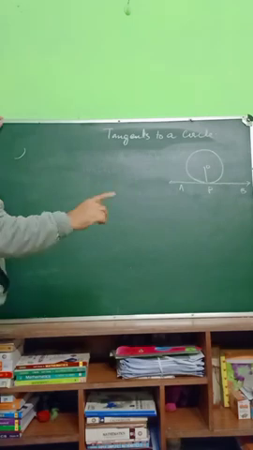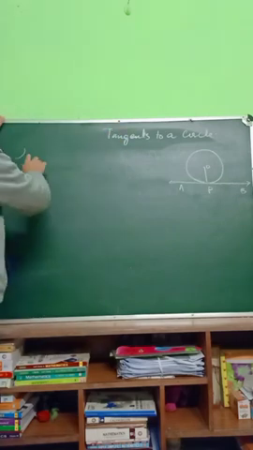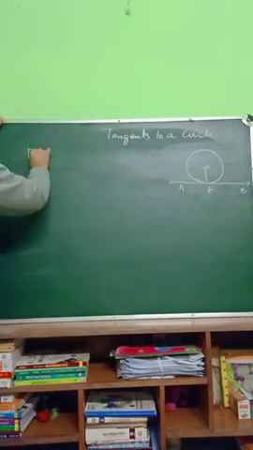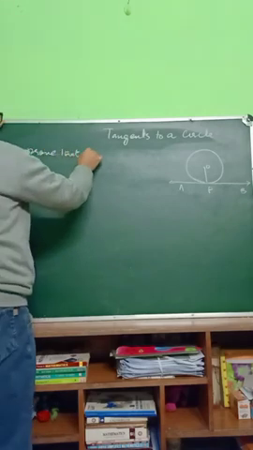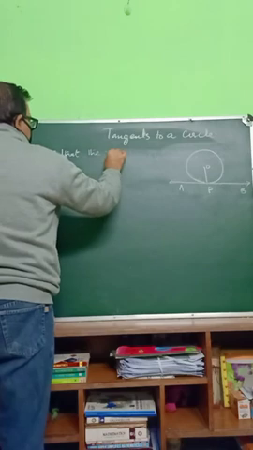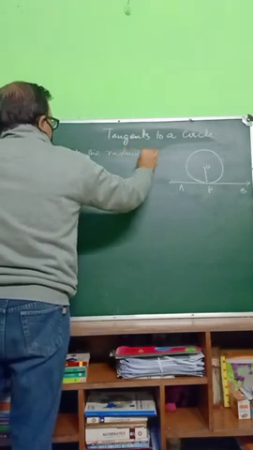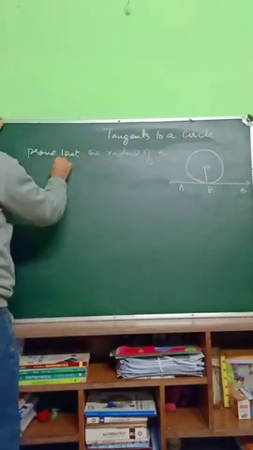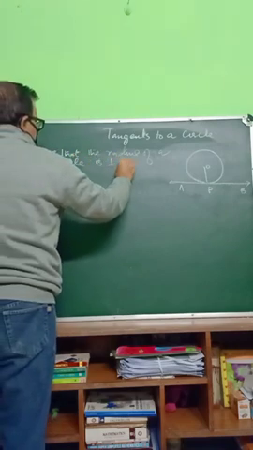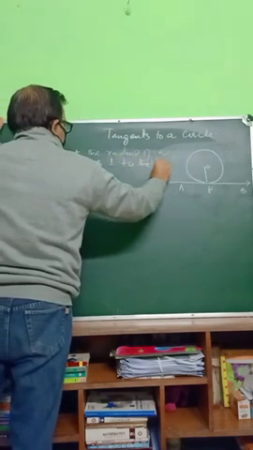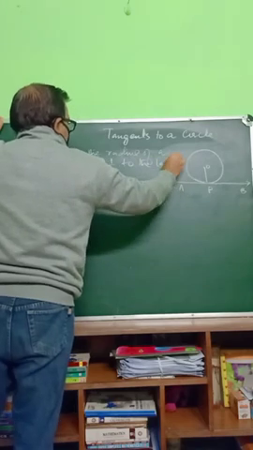What this theorem states: prove that the radius of a circle is perpendicular to the tangent at the point of contact.